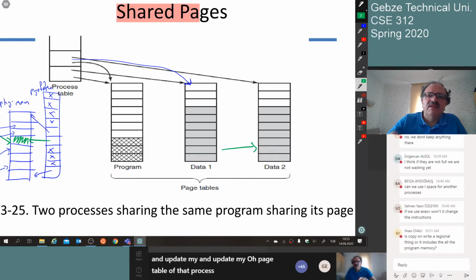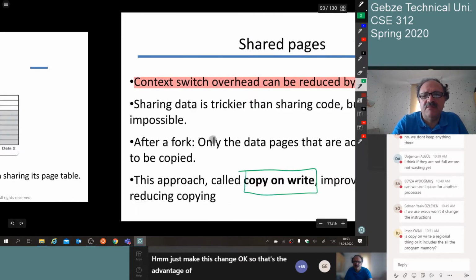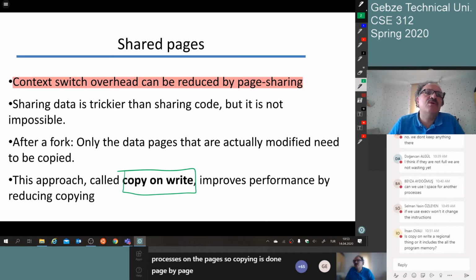That's the advantage of paging: copying is done page by page. If you copied the whole program's data space, that would be expensive, and frankly that wouldn't be that different from copying the whole data space at the beginning of the fork.